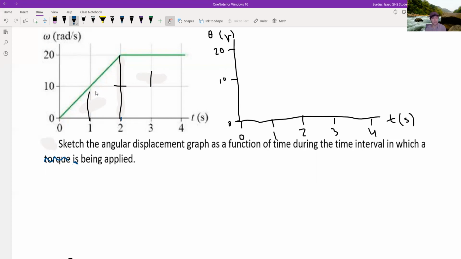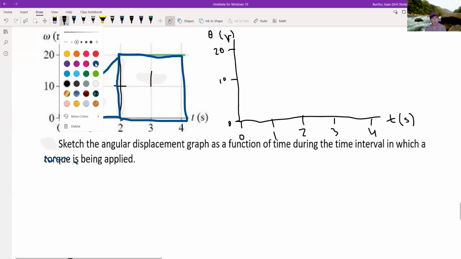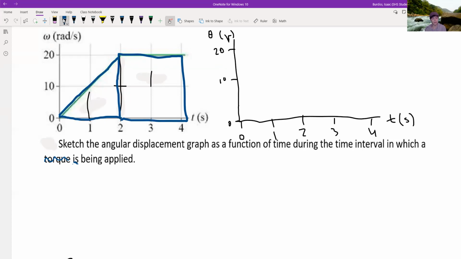So let's look at this. Let's split it up into a triangle and a square. Okay, so we're doing that. For the triangle, 1/2 the base. The base is 2, so 1/2 of that is 1 times the height, which is 20.